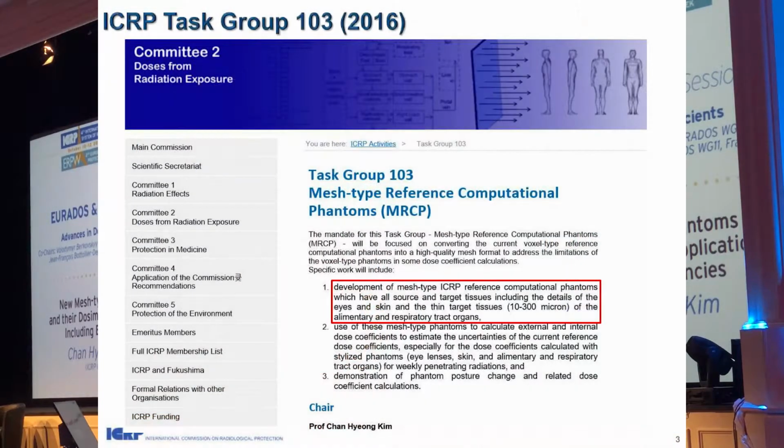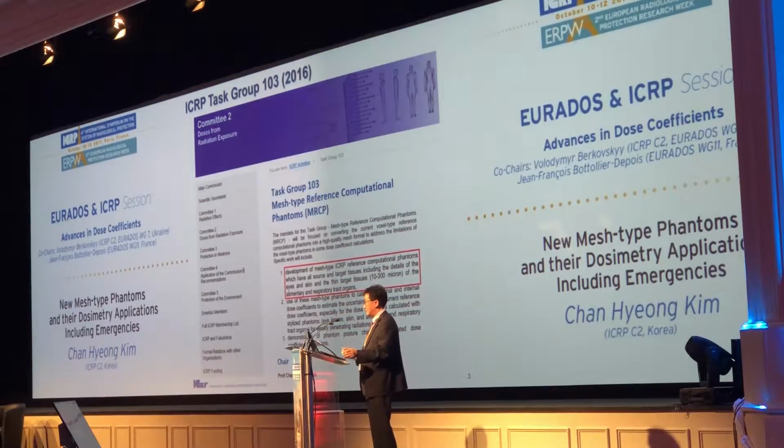So this issue was raised in 2013, and then we established a working group. Then eventually we established a task group in early 2016, to continue the work of the working group and to write a report on this.